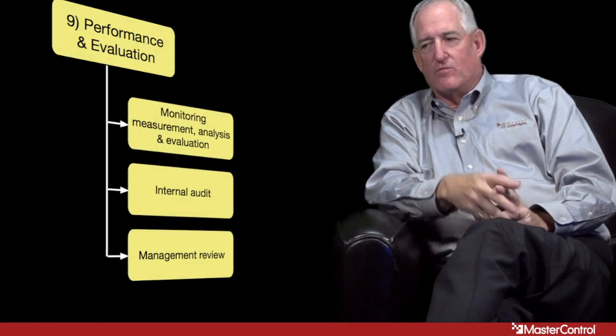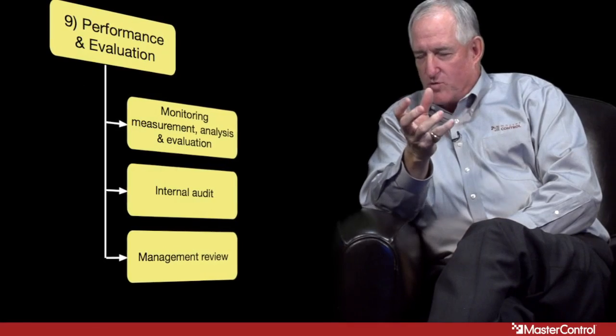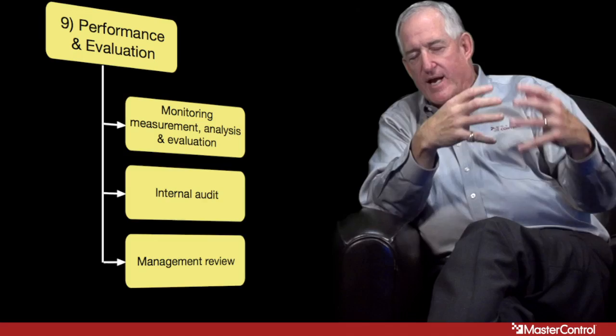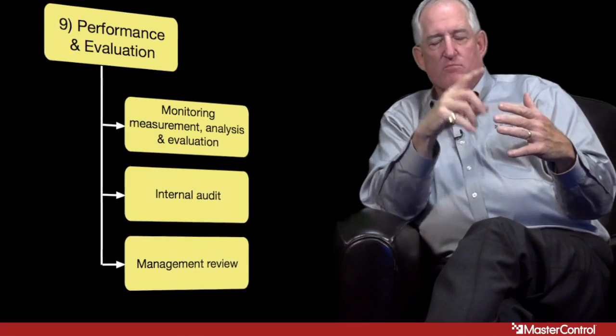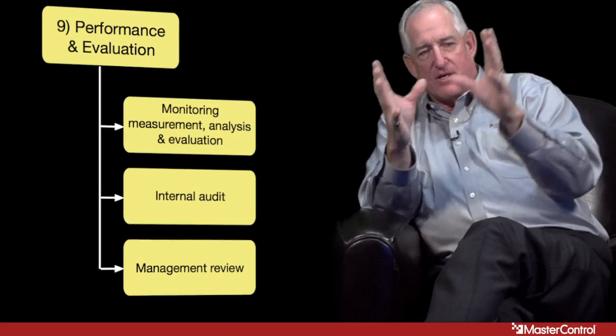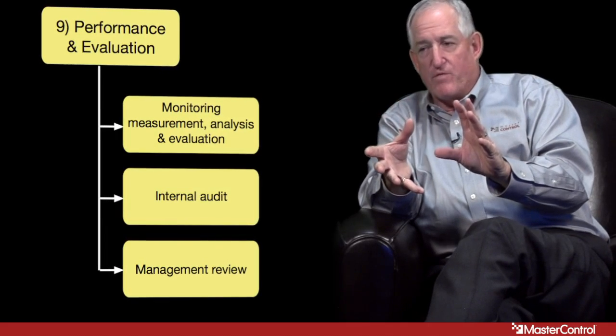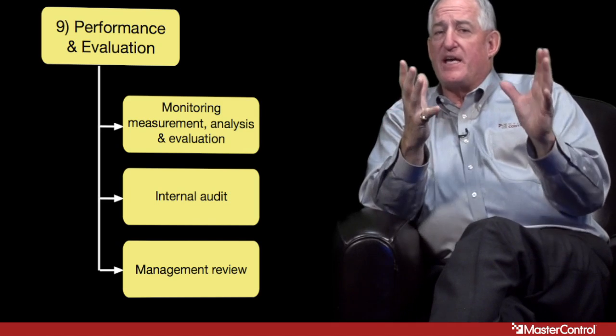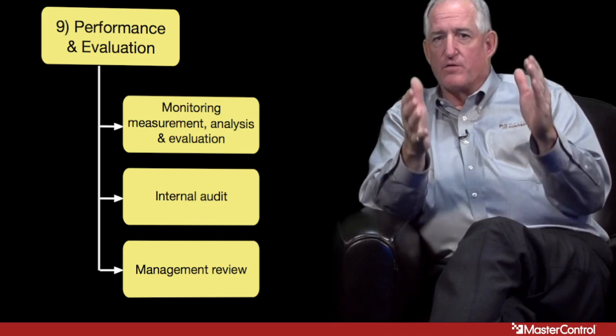So as we look at Section 9, we have an interesting twist in how this section pulls in what has happened up to this point. So monitoring, measurement, analysis and evaluation from Section 8 now becomes the driver on the front end of performance evaluation in Section 9. And the validation of processes for internal auditing becomes a focal point of the standard because of risk.